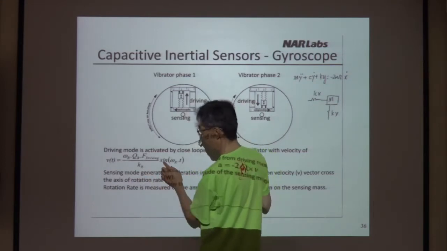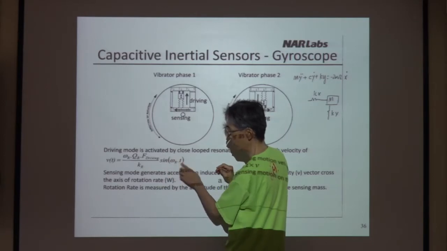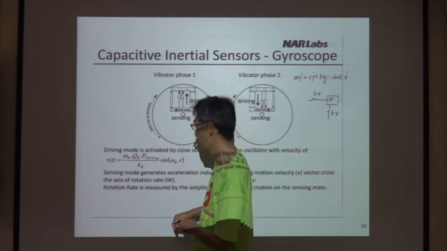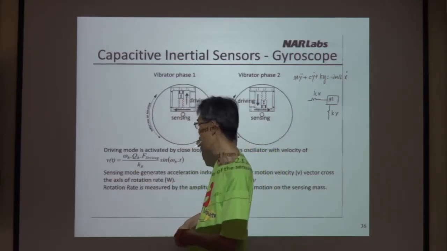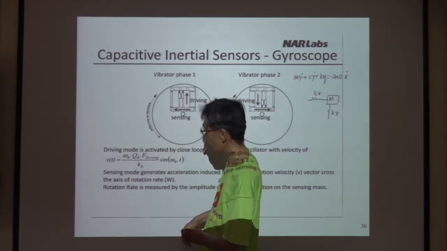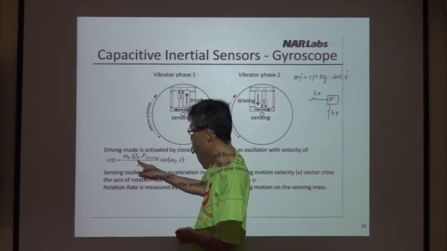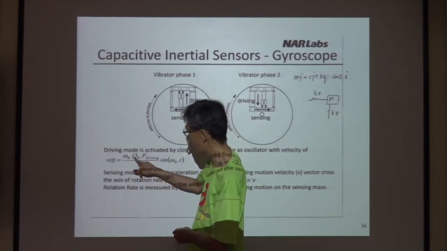So we have sine omega t. This is the driving frequency, and the velocity v. This is omega, this is k, this is q.